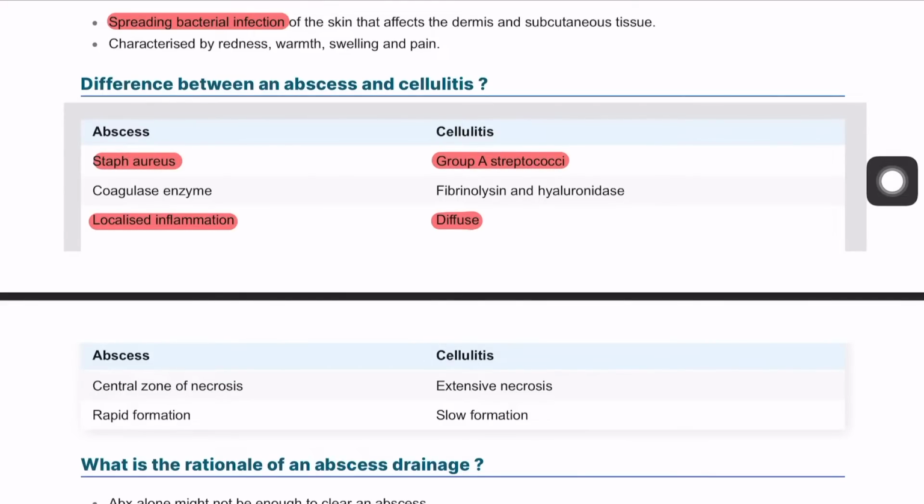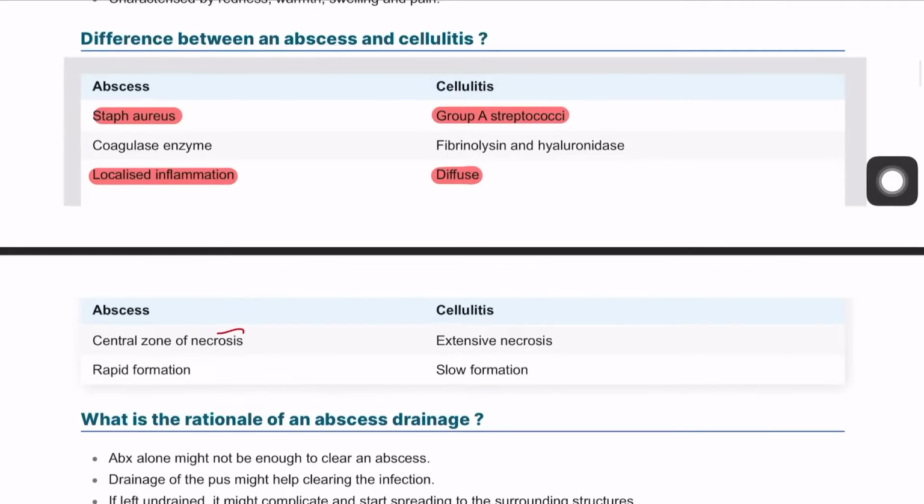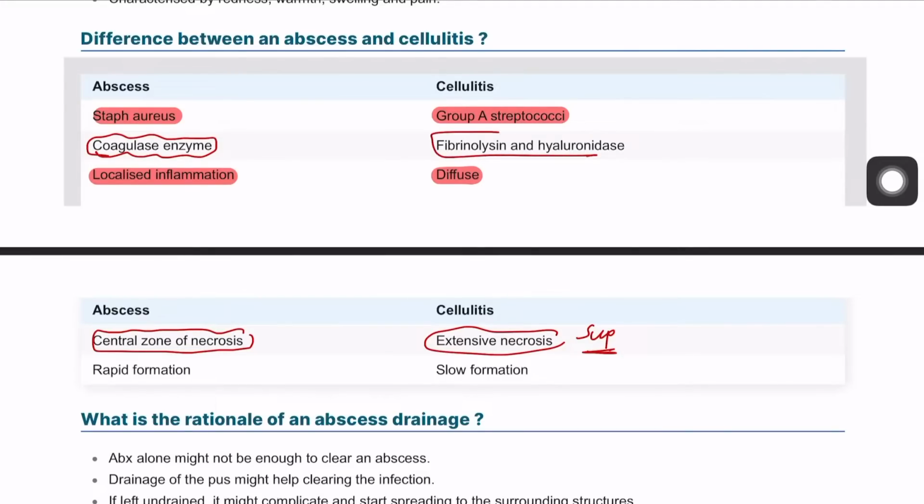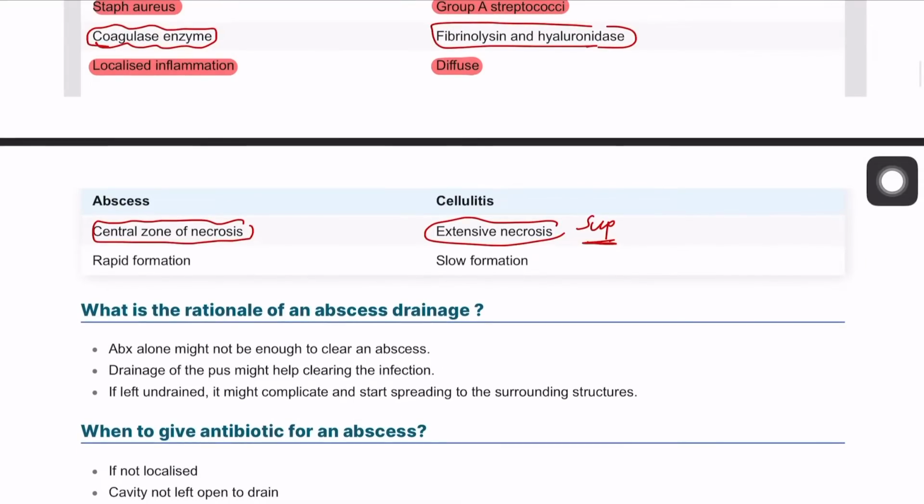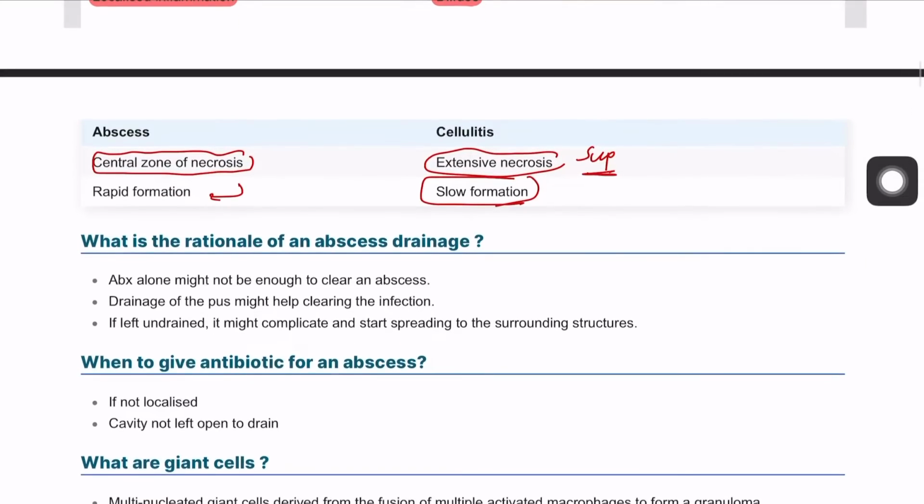And you have here localized necrosis or a central area of necrosis in an abscess, and extensive superficial necrosis in cellulitis. There is an enzyme produced in abscess called coagulase enzyme. On the other side, it's something called fibrinolysin or hyaluronidase. All right. The abscess will form quite rapidly, and the cellulitis will take a bit of time to form.